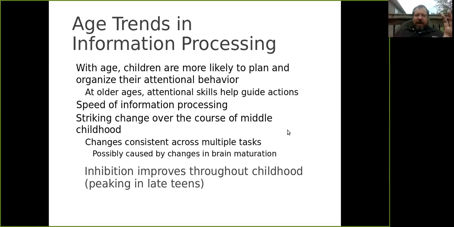And so, developmentally, when we talk about information processing and what changes as children grow older, children are thought to be more planful, more intentional in how they focus their attention. So, they use more strategies. In general, as children grow older, attention gets better. They get faster at processing the information.